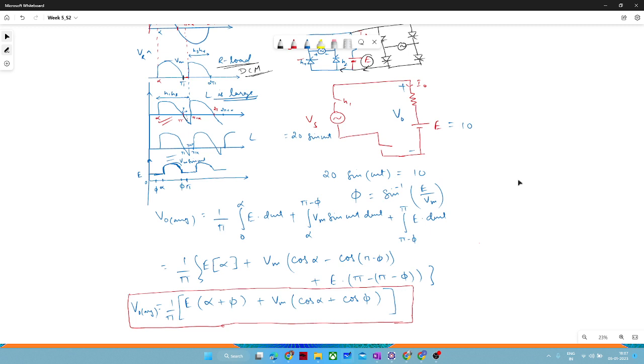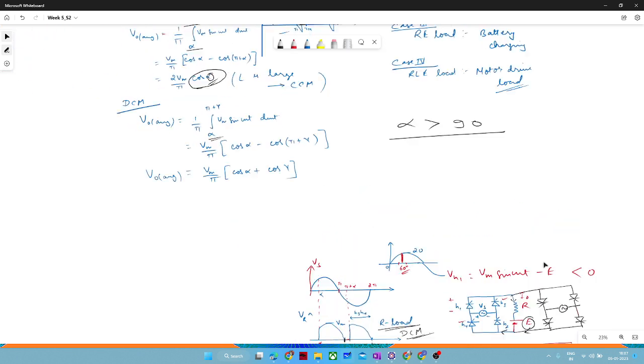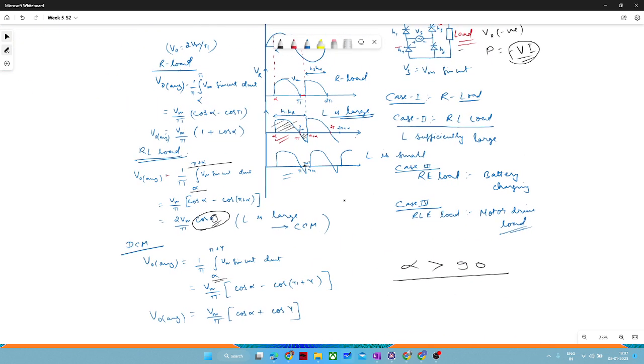Okay, so I am assuming you are new to this concept. That is the thing I was explaining. Generally the expression of voltage, let us assume for RL load: V naught average is 2 Vm by pi cos alpha. And if you have alpha value greater than 90, then this term will be negative, and your average voltage would turn out to be negative.